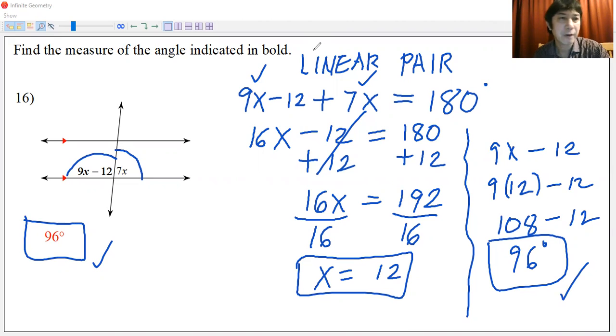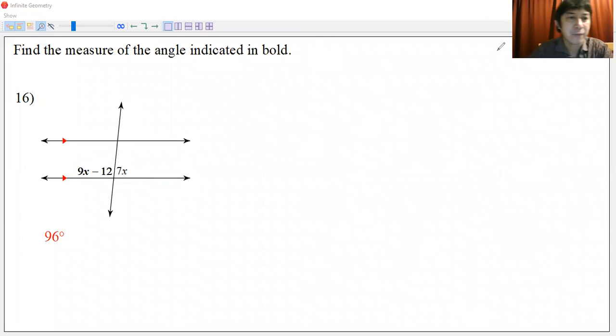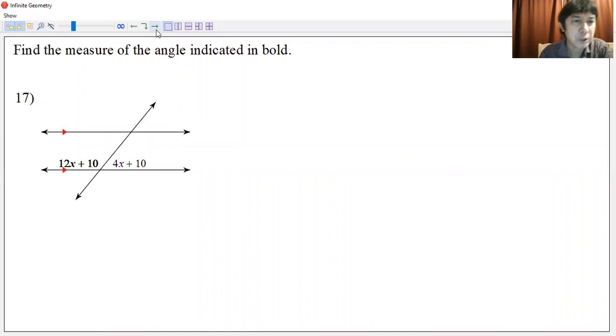Let's have our next number. Here's number 17. Here's another linear pair. Obviously we have a straight line here, and this is the common side. This plus this equals 180.